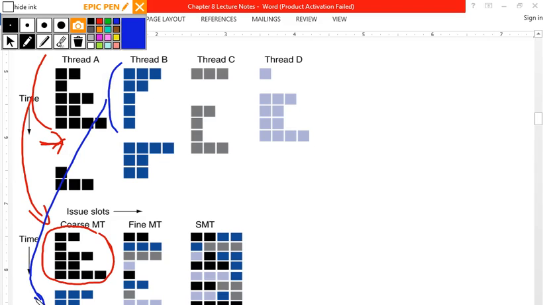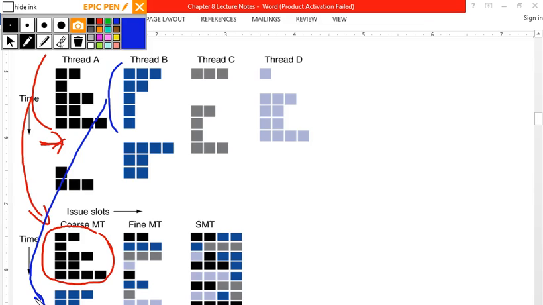So you get a stall, and then you go to the next thread. If you were to get this stall, you would go to thread C, and then after this stall, do thread D, and then after this stall, you would go back to thread A in coarse grain multi-threading. So that deals with less switching, which goes back to Joseph's question. It requires less hardware overhead, but you can see the performance is not as efficient.